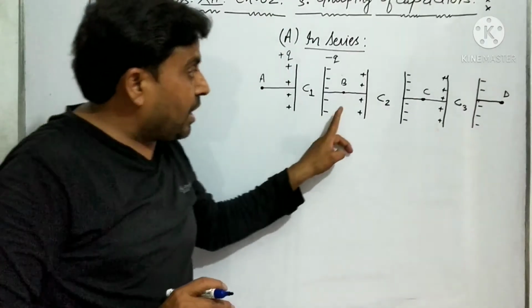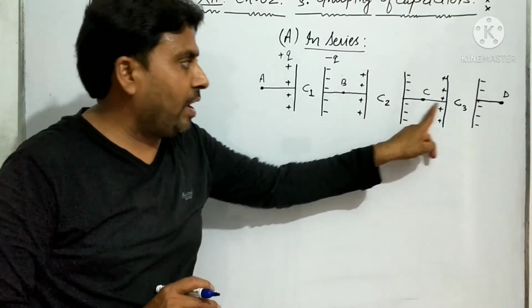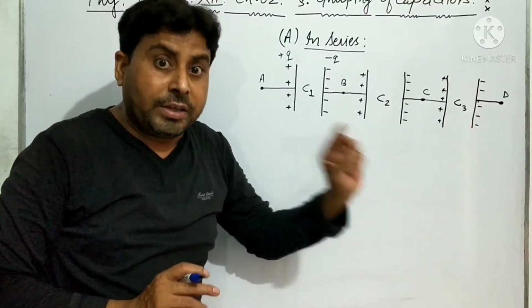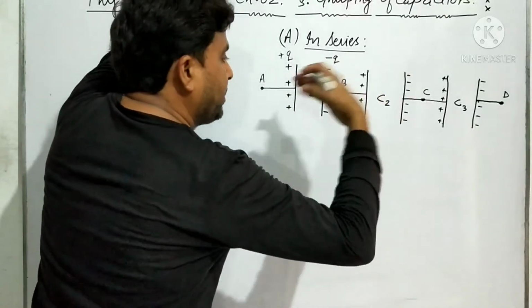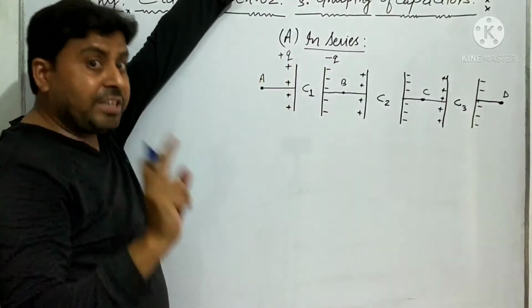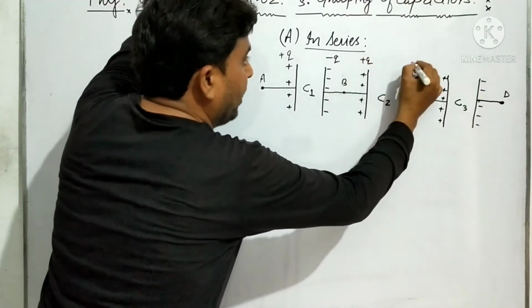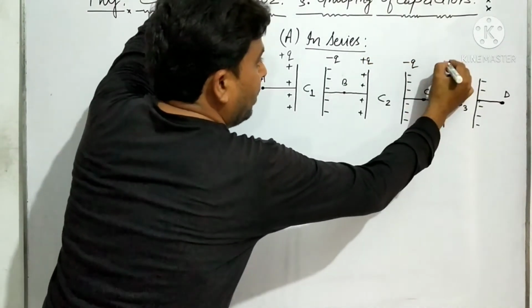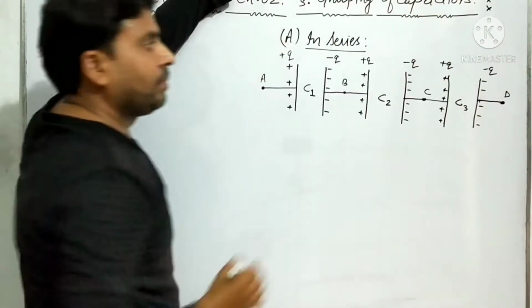If they are connected by a conducting wire, then in series combination charge remains same on each capacitor. In series combination charge remains same, that is plus Q here, minus Q here, plus Q here, minus Q here.